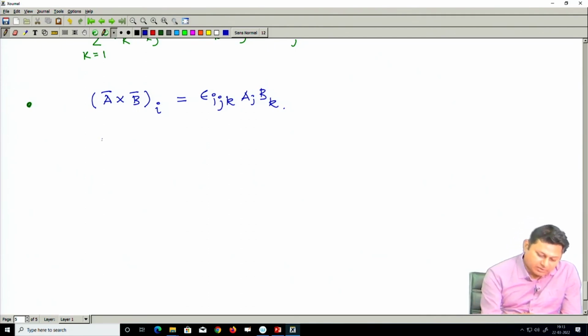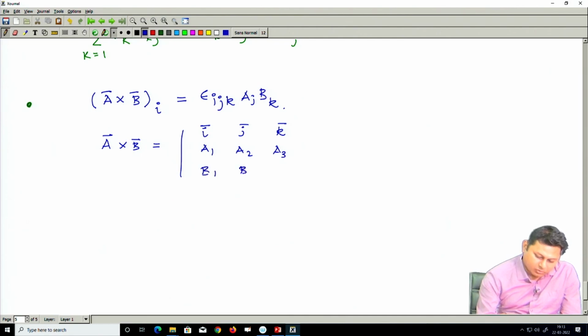So, you can find A cross B in terms of i j k. We have A1, A2, A3 and B1, B2, B3, these are the x, y, z components. I am just writing A1, A2, A3.